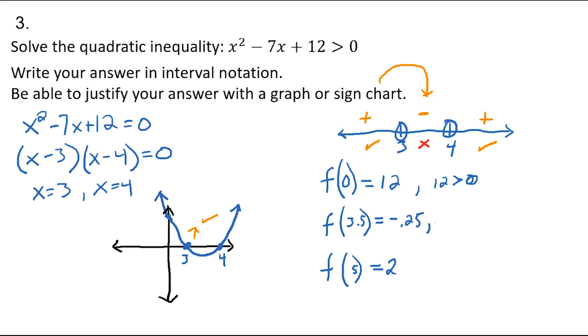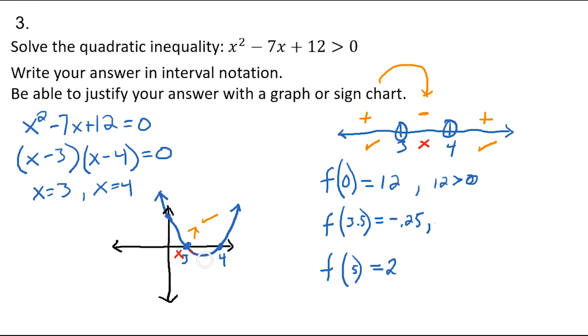Everything below the x-axis is what we don't want, because anything I pick between 3 and 4 on my graph gives me something less than 0, so I get a negative value.